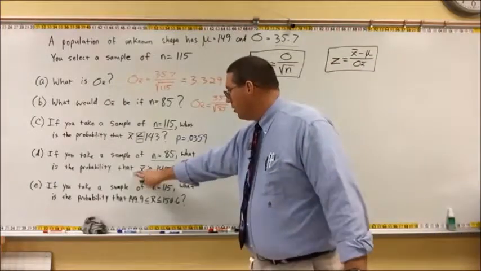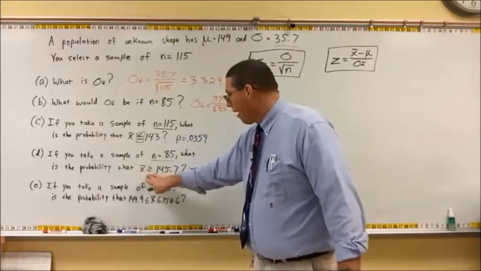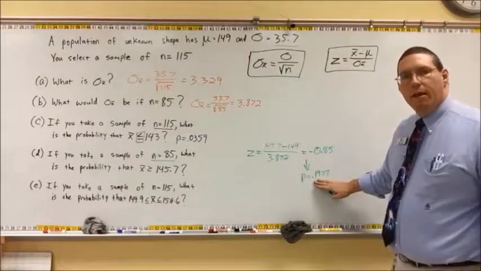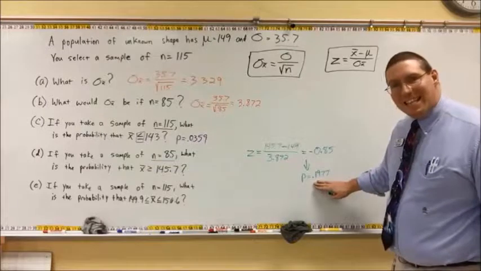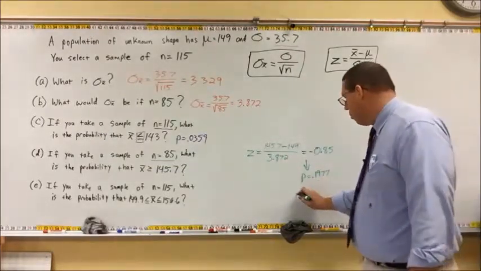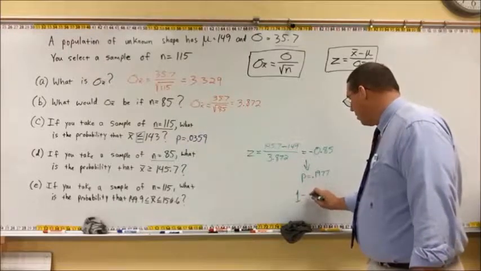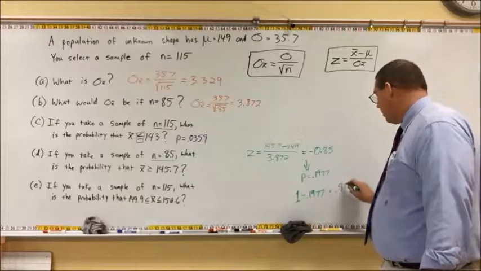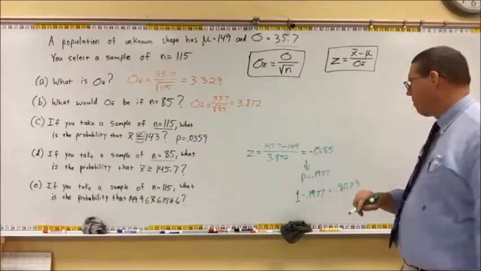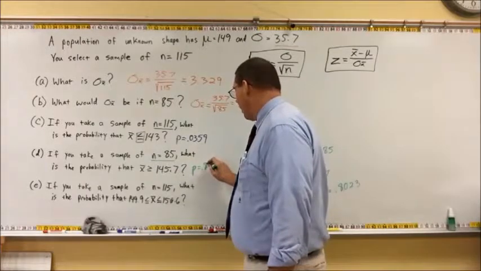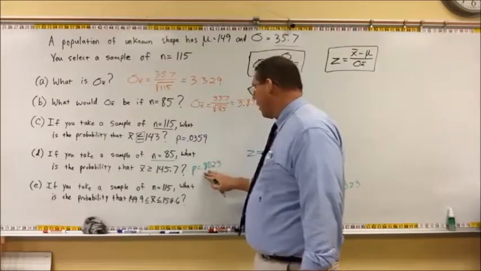What is the likelihood that the sample mean is greater than 145.7? Well, this is the probability that the sample mean is less than 145.7. So we have to do 1 minus 0.1977, which gives us 0.8023. So the answer to this question is P equals 0.8023. That's actually a really good chance.